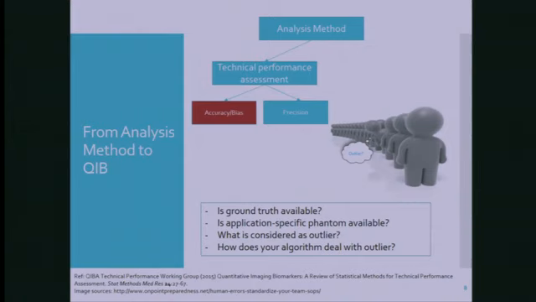I think also important is what is considered an outlier. As we know, in medical imaging there could be some noise, and there could be some scanning issues, and so on. So not only analysis methods, perhaps you can add some quality control steps before your image goes into your analysis pipeline.